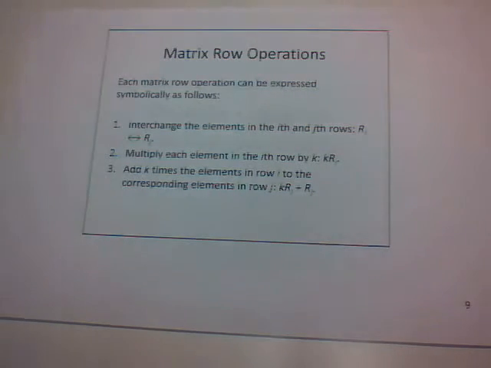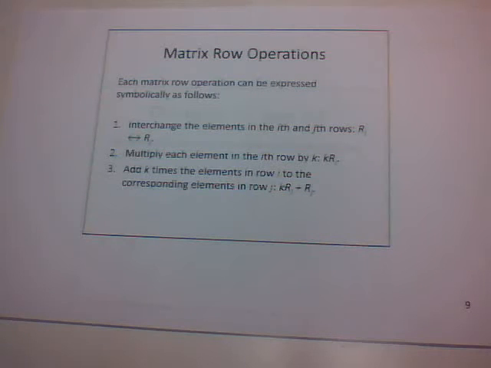Each matrix row operation can be expressed symbolically as follows. We can interchange the elements in the ith row and the jth row. That means row i can be interchanged with row j. And then number two, you multiply each element in the ith row by some constant called k. So it'll be k times row i.